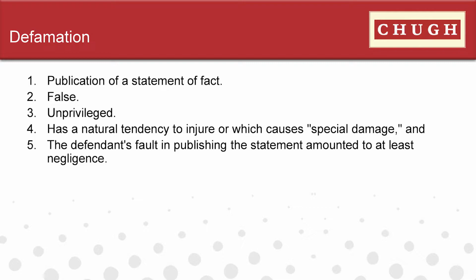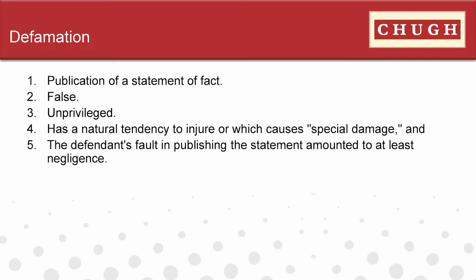It has a natural tendency to injure or causes special damages. Again, damage is always an element of tort. And the defendant's fault in publishing the statement amounts to at least negligence. So the intent here has to be at least negligence. You don't need to show special damages, especially if, I'm sorry, let me take a step back.